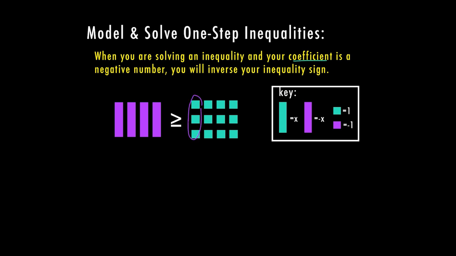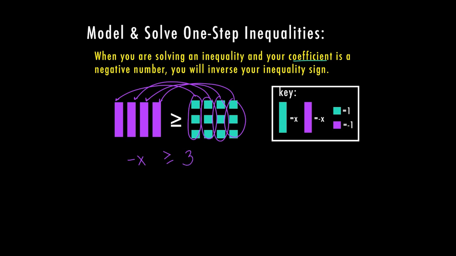So this could be a group. This could be a group. This could be a group. And here's my last group. So that would mean that negative x is greater than or equal to 3, because I know that there's going to be 3 in each group.